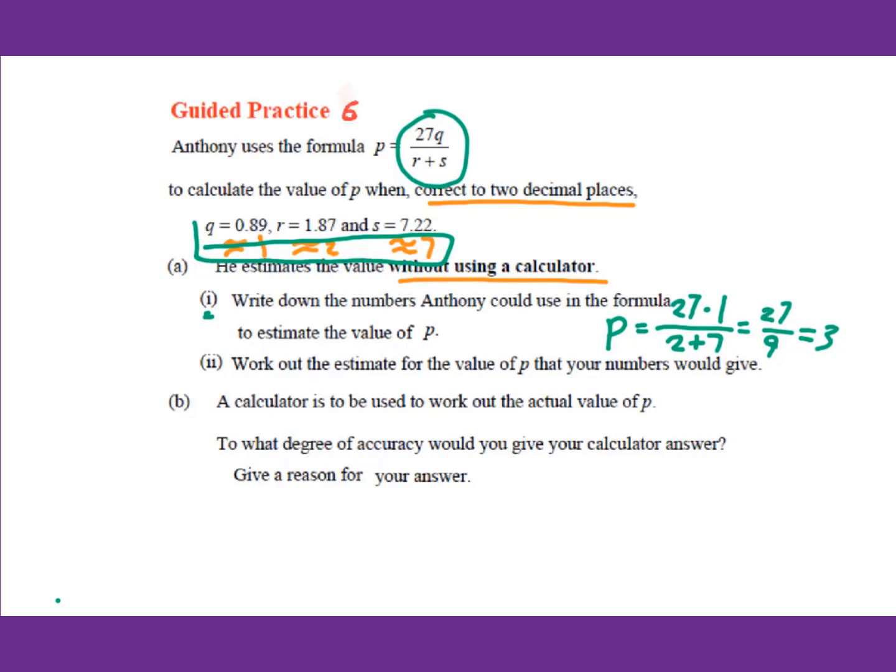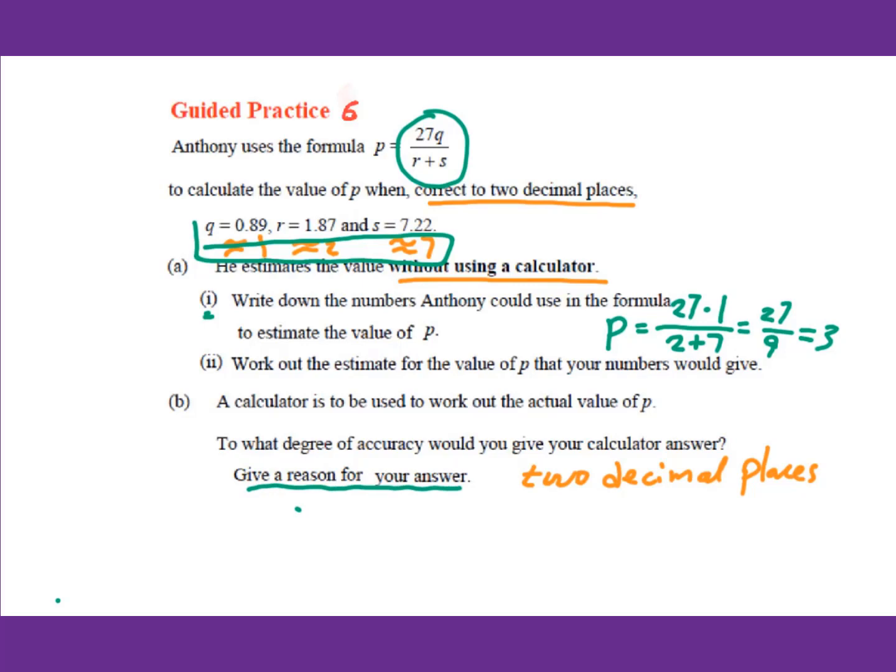For B, a calculator is to be used to work out the actual value of P. To what degree of accuracy would you give your calculator answer? It will be 2 decimal places. Give a reason for your answer.